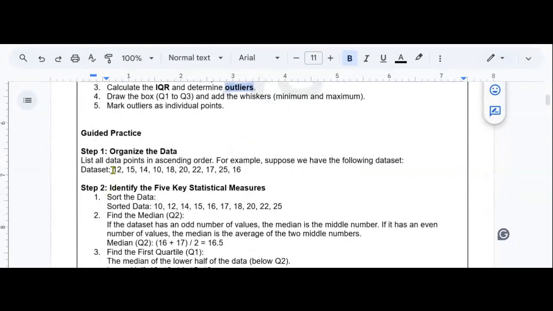Let's take an example. Hussein, read. What are the numbers here? 12, 13, 14, 10, 18, 20, 22, 17, 25, 16. What's your name? Abaziz. What should I do first step, Abaziz?